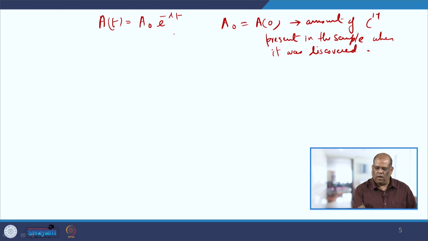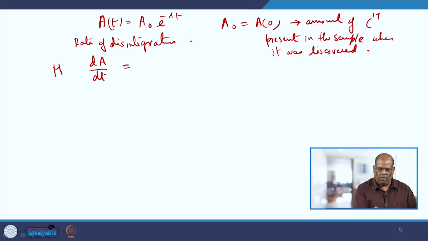Now, if we want to calculate the rate of disintegration, we have to find dA/dt, say we name it as M(t). Since the rate is reducing, we put a negative sign, and we get something like A0 lambda e to the power minus lambda t.